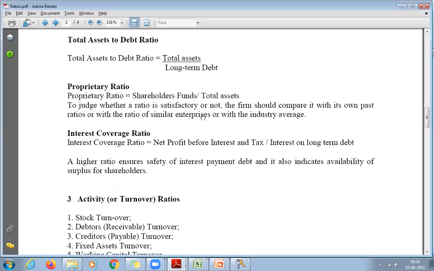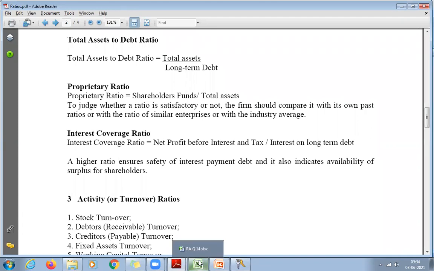Good. So shareholders fund divided by total assets. It is also called total tangible assets. That means we have to deduct intangible assets like goodwill if they are given, and miscellaneous expenses we should not consider. Total assets doesn't mean whatever total is given in the balance sheet.